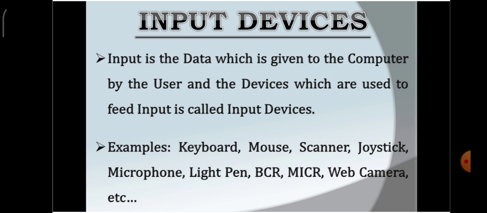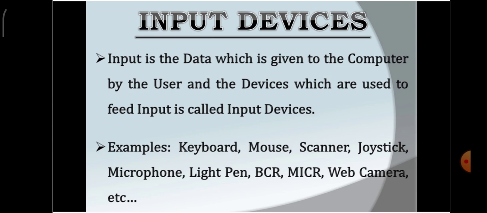If you go to a shopping mall, you buy some grocery, there they will use that barcode reader to pick the price of that particular product. And what is MICR? MICR full form is magnetic ink character recognition, and it is used in bank to do the check clearance process.